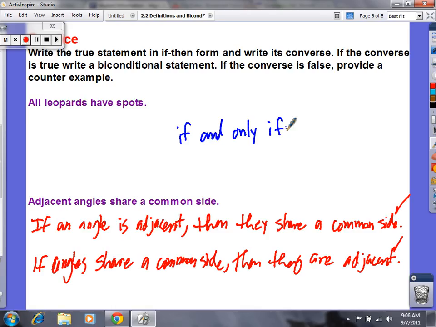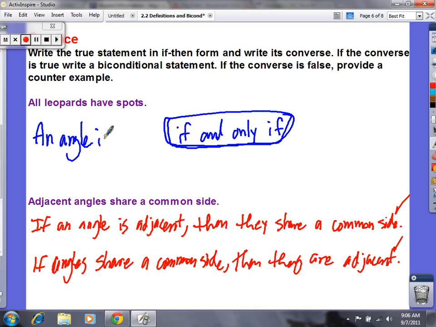So what are we going to put on the left? Well, it doesn't start with the if. The if and only if is in the middle. So it's just going to start with: an angle is adjacent, or angles are adjacent, I guess is what we should put.